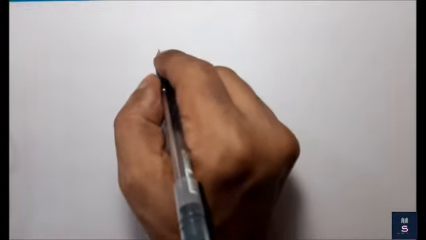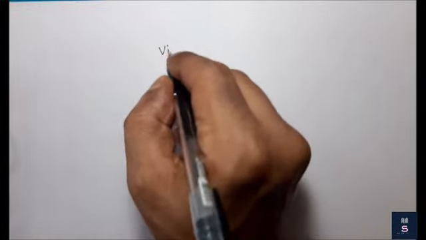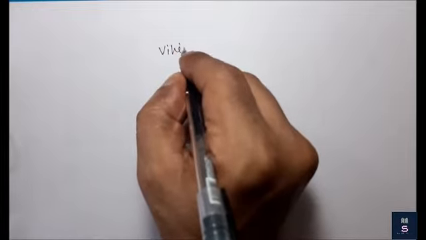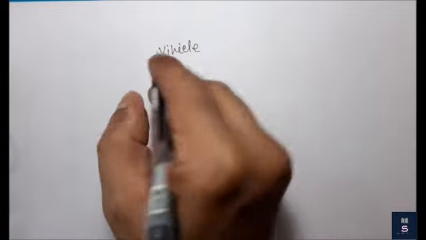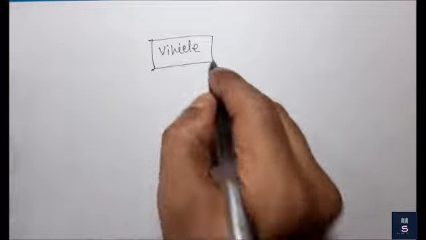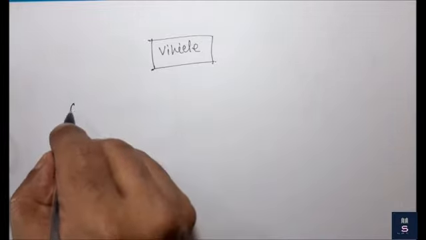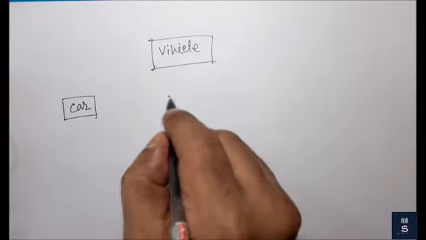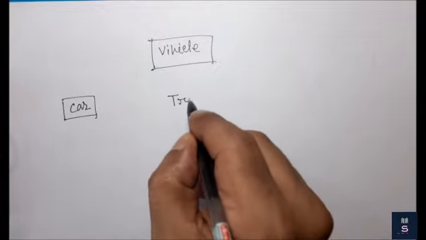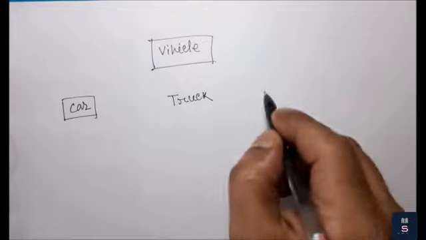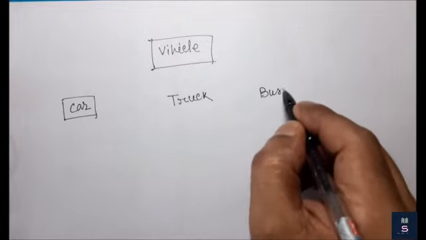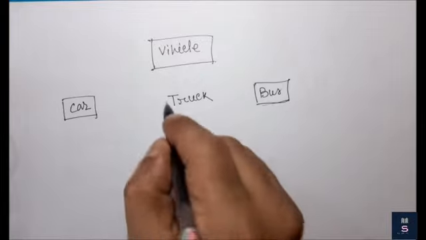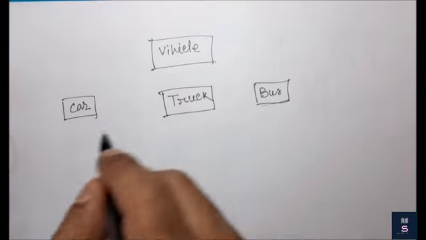For example, we have a vehicle class, and we have a car class, a truck, and a bus. So we have three derived classes.